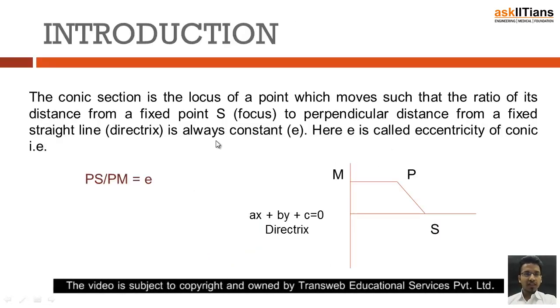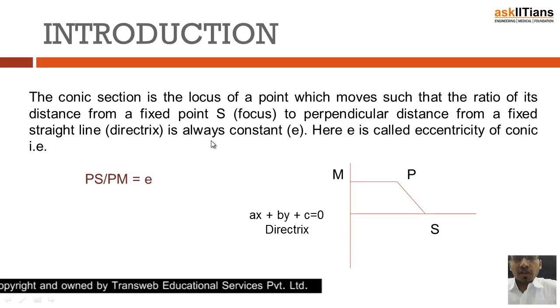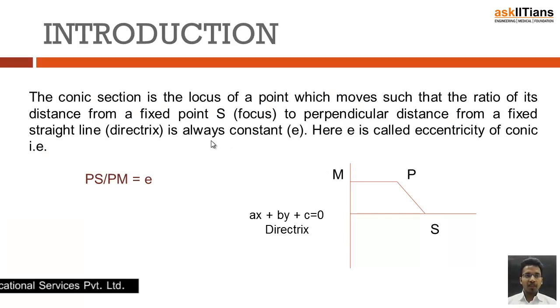Let's now define in mathematical terms what a conic section is. Geometrically it was part of a cone, but there must be a common property to every part. The conic section defined mathematically is the locus of a point which moves such that the ratio of its distance from a fixed point and a line is constant.